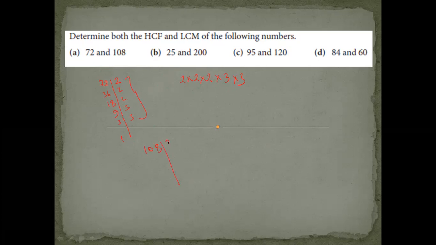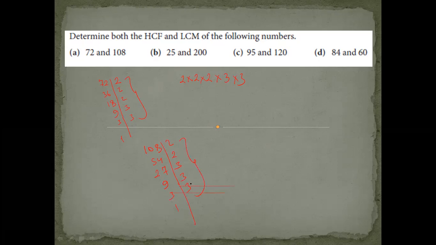108 divided by 2 is 54, 2 and 27, sorry, and 27 is not divisible by 2, because the sum of the digits is 9, and 9 is divisible by 3. That's why we can divide by 3, and 9 is also divisible by 3, 3, 3, and 1.